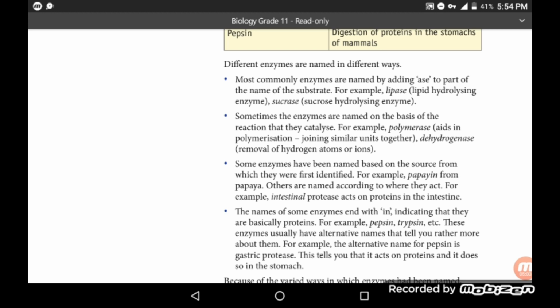And sucrase enzyme, called ASE, and this sucrase enzyme is involved in the hydrolysis of sucrose.